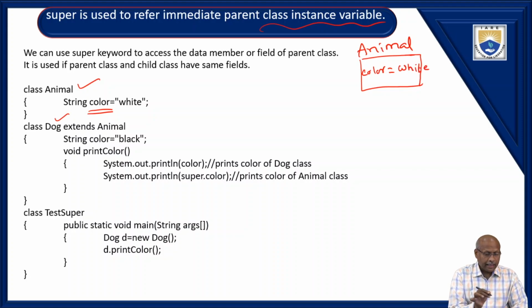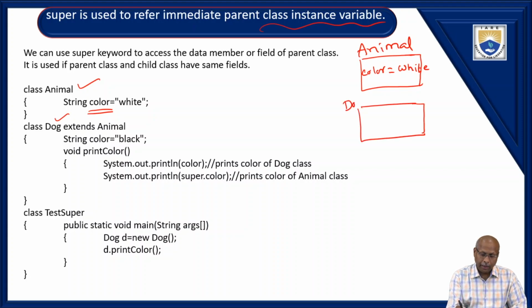And there is a class called Dog. The Dog is derived from the Animal class, so Animal is acting like a parent. Dog is child and Animal is parent. Here also I have a color attribute. Here color is white, here color is black.